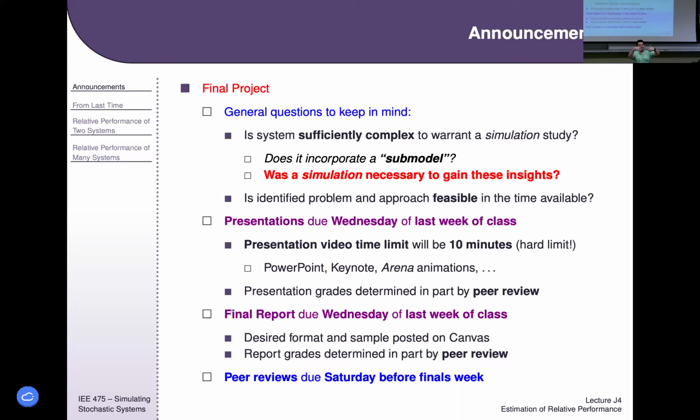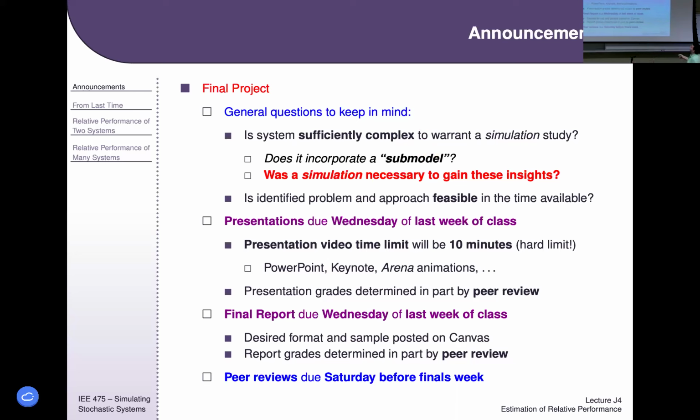In my as-is system, I'll have one submodel, and in my proposed system, I'd have a different submodel. That's the heuristic we used to use: is it complex enough that it has enough blocks that you could put them behind a submodel, and that the submodel wouldn't just have one block inside it? There would be a justifiable reason for why you created a submodel.